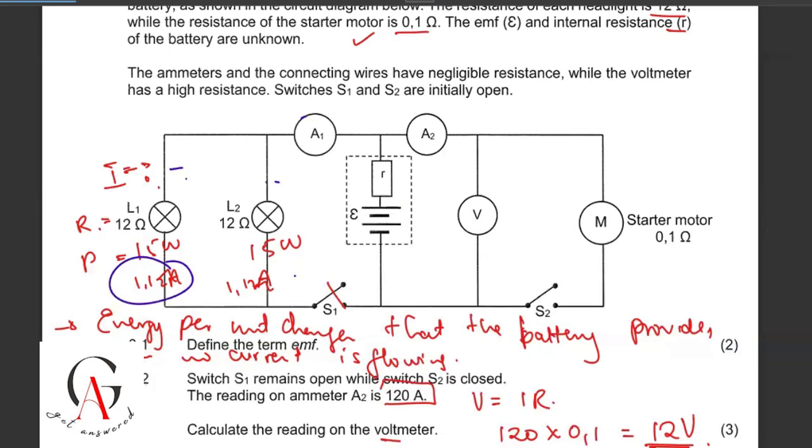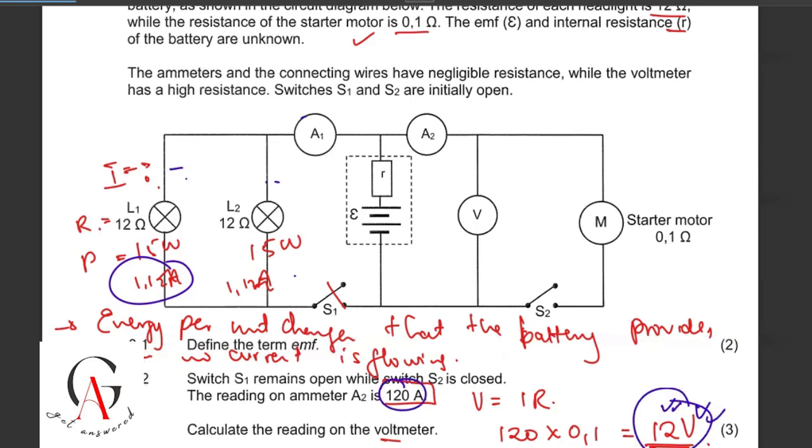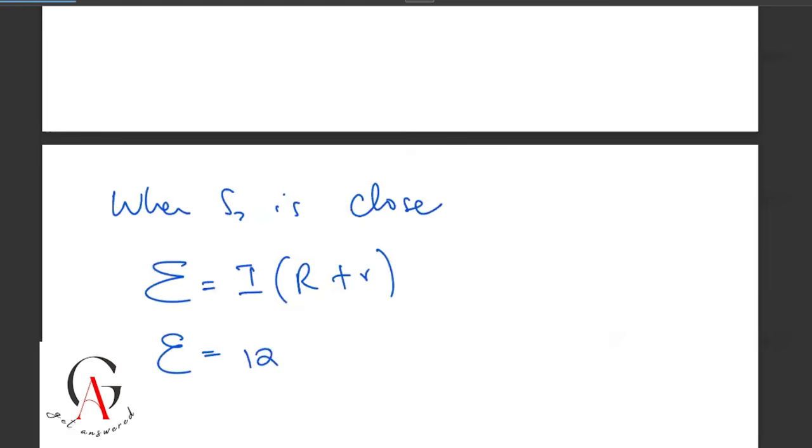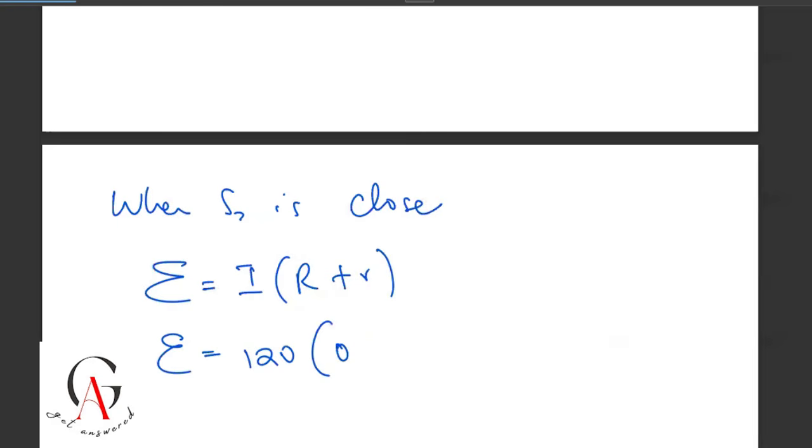Now the EMF is going to be 12, no, this is the voltmeter reading, it cannot be the EMF. So the EMF, the current we saw was 120, into the only external resistor, 0.1, plus r. So this becomes 12 plus 120r is equal to the EMF. Let's call that equation 1.